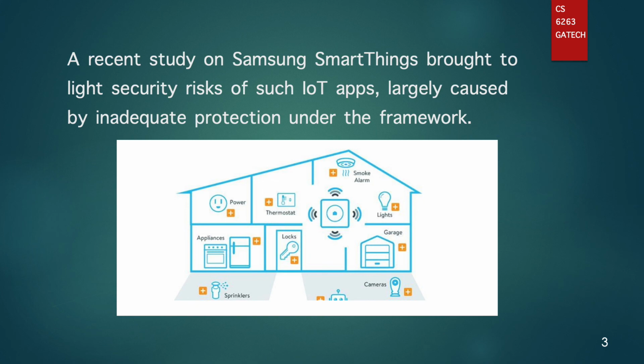As you can see there, we have different devices in our home that can be impacted by that. We have the thermostat there, the smoke alarm, or even locks that could really be impacted by this.